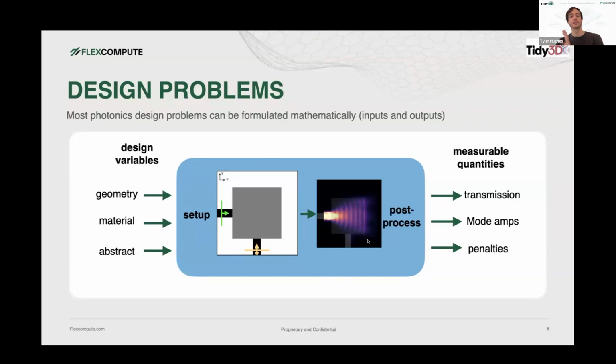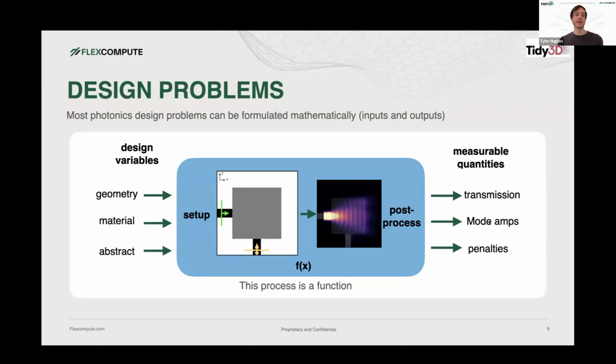Typically you're not interested in the fields directly, but rather in post-processing them to compute measurable quantities of interest, such as the transmission, the mode amplitudes, or even some penalties determined by how your design variables are set up. But in general, you can think about everything in this blue box as a function f of x, where x are the inputs, and f of x gives you the measurable quantities that you care about designing over.